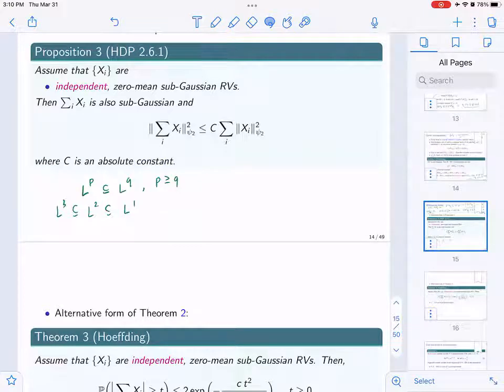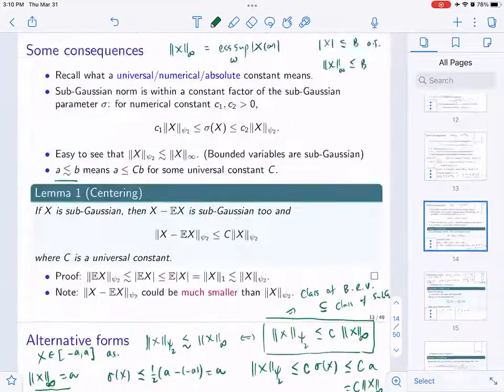So LPs are like that, L4. And so the picture is like this, L infinity, and then subgaussians. And then this is inside all the L's, or LPs, they go this way. So L3, L2, L1.